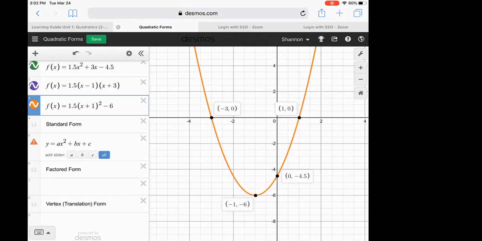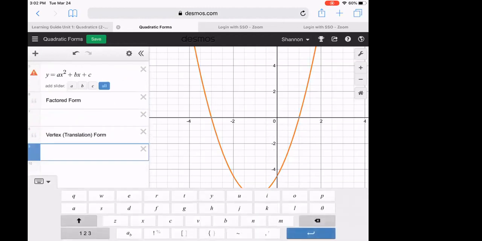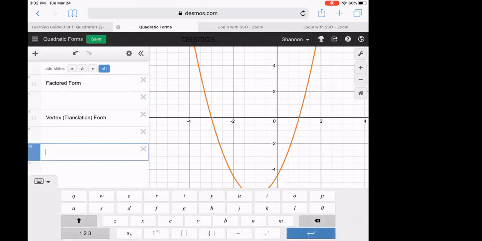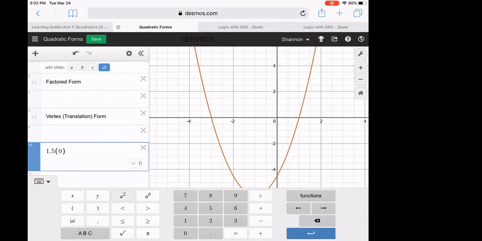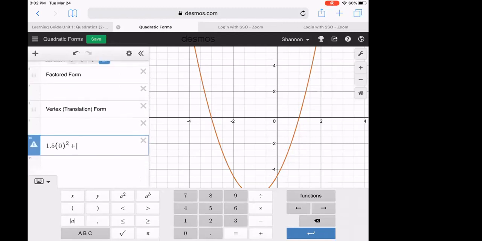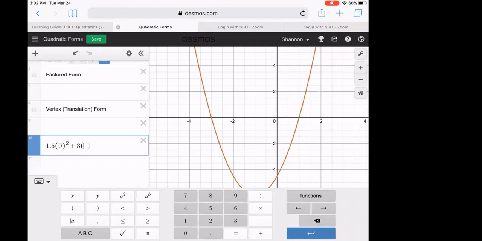Now, just to make sure we feel good about that and that it's not a coincidence, if I actually plug 0 into number 1's formula, you'll see that it's always, always, always going to be that C value. Check it out. If I do 1.5, but then I plug in 0 squared, plus my B value is 3 times 0. And then my C value, of course, was minus 4.5.